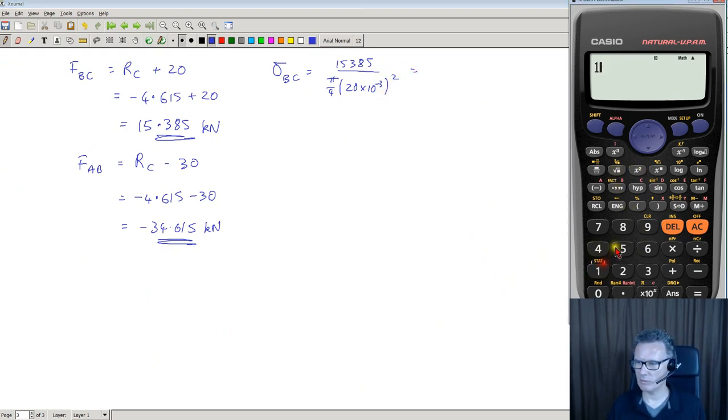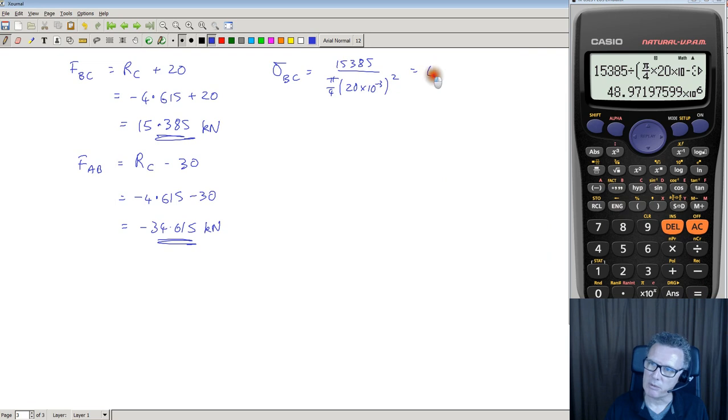So what's that? 15385 divided by pi over 4 times by 20 to the minus 3, square it. So that becomes 48.972 megapascals.